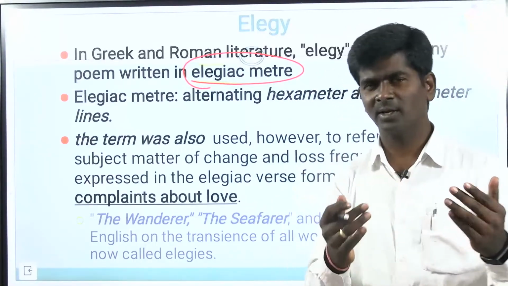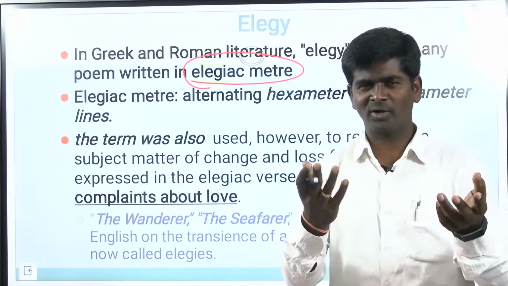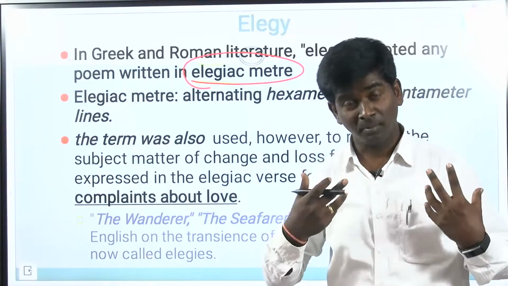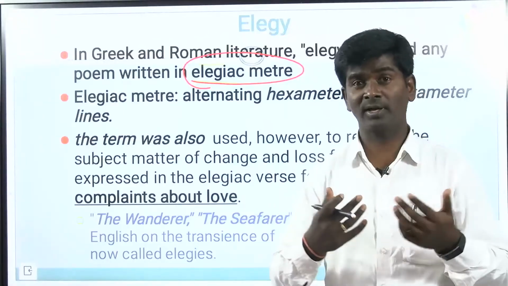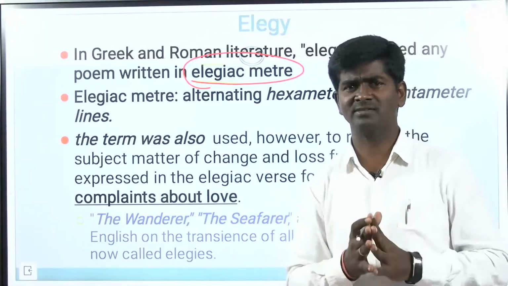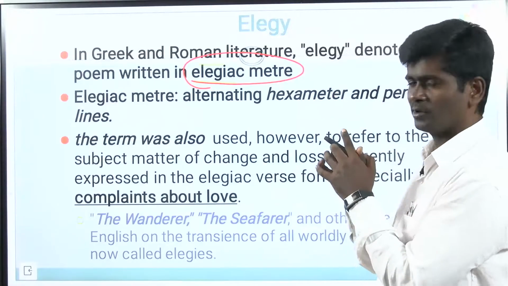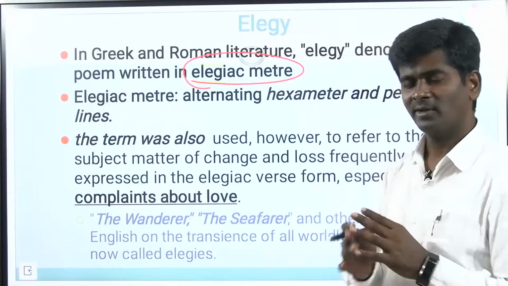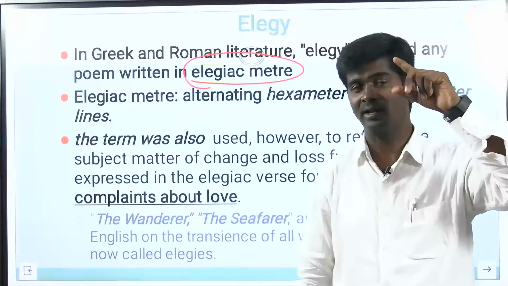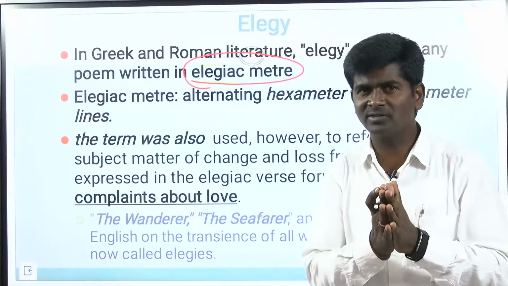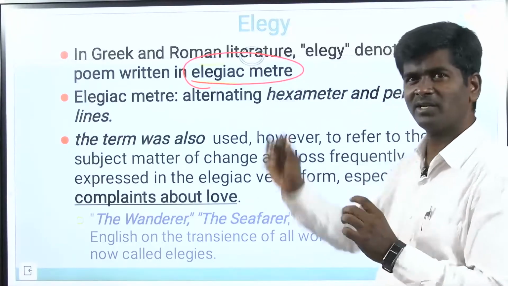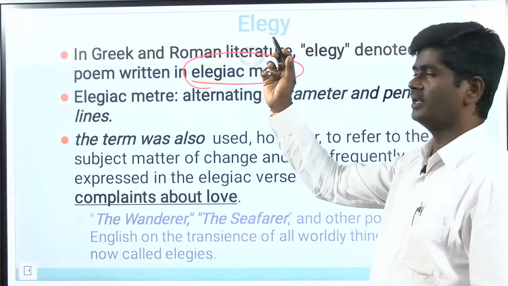We discussed quantitative meter, syllabic meter, accentual meter, binary, iambic, trochee, dactylic, and plenty of things that we had a discussion on. But we were not able to talk about elegiac. What is elegiac? According to Greek and Roman, any poem that is written in the form of elegiac meter is nothing but elegy.